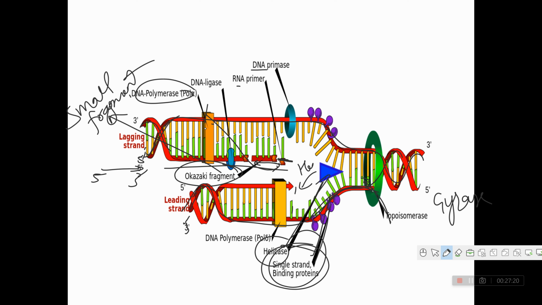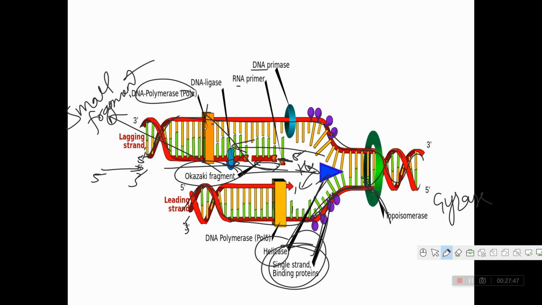Okay? Clear? This happens because they move in the opposite direction. Okay? The fork will go in this direction. The replication will take place in this direction. So this will happen because DNA polymerase synthesizes only in the 5' to 3' direction.